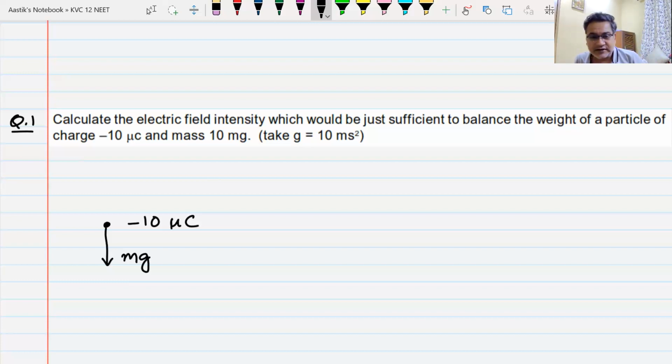What will be the value of this electric field? Should it be upward? Should it be downward? Should it be leftward? Should it be rightward? I have told you this thing at least 10 times today in 10 different ways. I have to balance this point charge. Right side, sir. Right side is wrong side here, sir, because right side is not the right answer. So think about it. Tell me the answer in the next class.